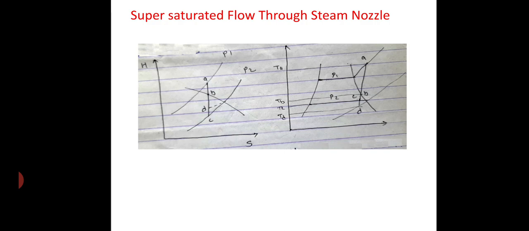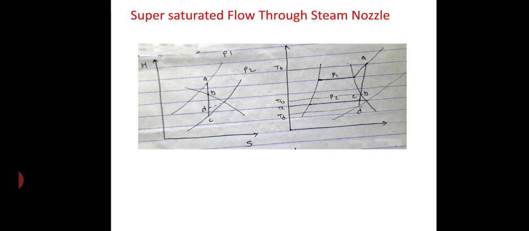Consider the expansion of steam in a nozzle from condition A to condition C. At point A, the steam is superheated at a pressure P1 and temperature T1. See the second diagram. At point A, the pressure is P1 and the temperature is TA.